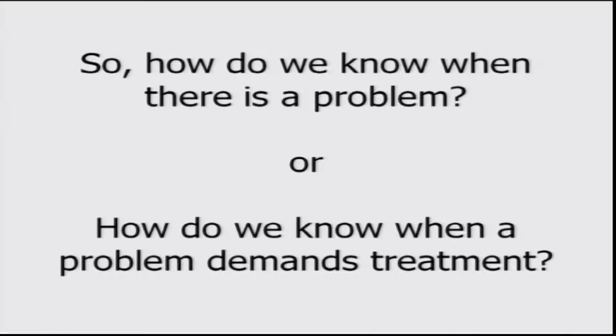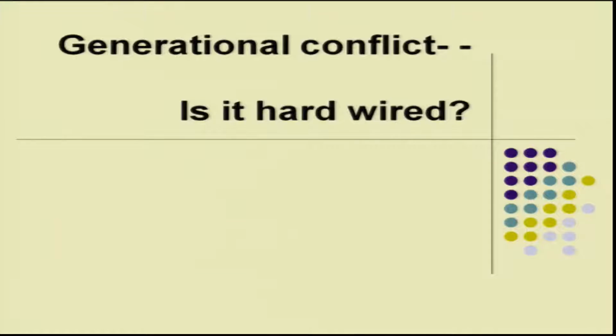When you look at the children and ask whether they have a problem, or whether they have an illness, before we come to that, I would like to touch briefly upon a very common term called generational conflict. Now, this I will tell you as an example of what I was talking about, whether there is a problem, an issue, or an illness.